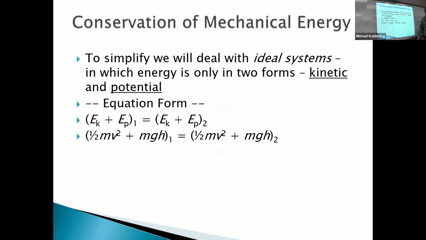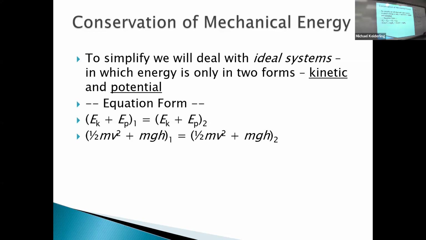You can make it happen on very small scales, things like that, but in general, there is some form of friction and energy gets lost to heat. But this is a good approximation. And if friction is low, this is a good approximation. And this gives you an idea about how energy changes from one form to another.